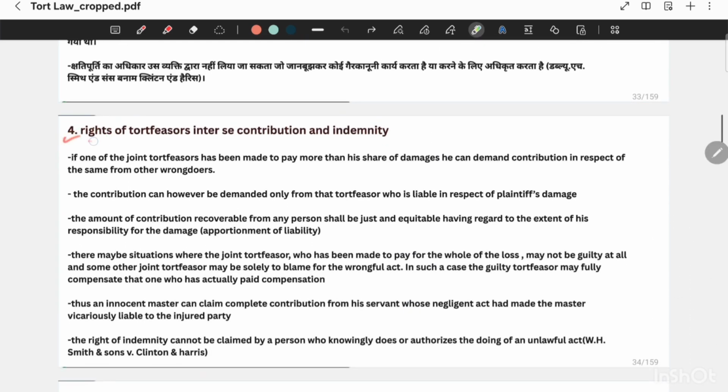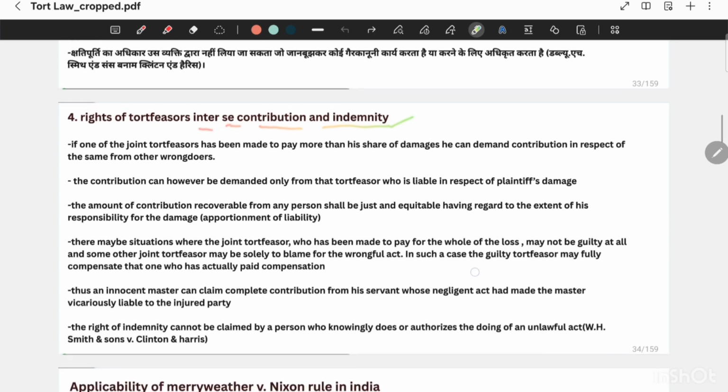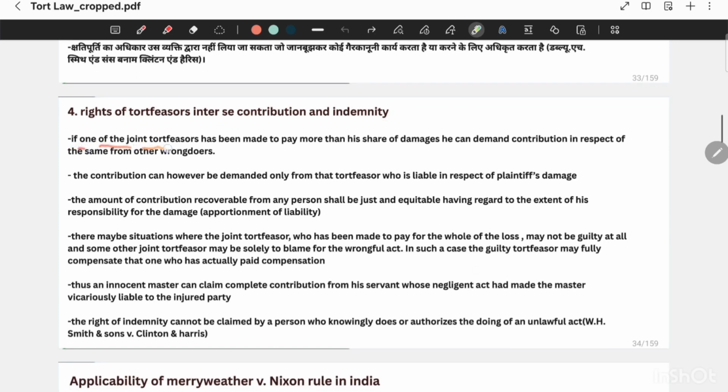This is the fourth: rights of the tortfeasors. Interest, contribution and indemnity. If one of the joint tortfeasors has been made to pay more than his share of damages, he can demand contribution in respect of the same from other wrongdoers. Please pay attention over here.